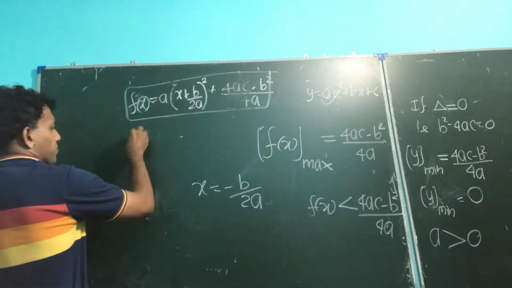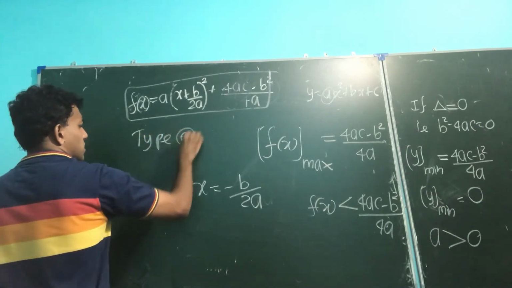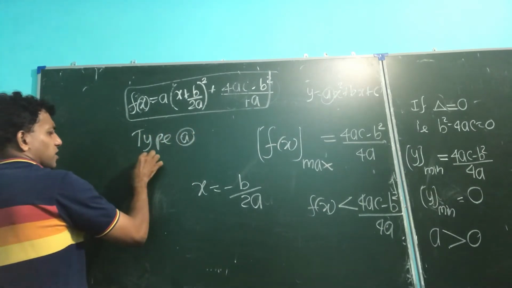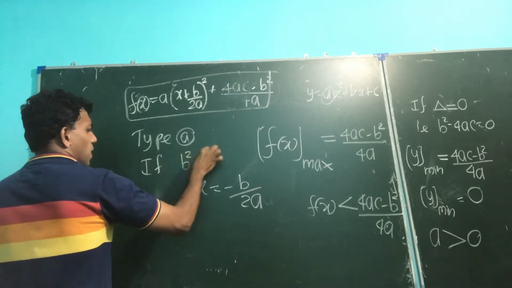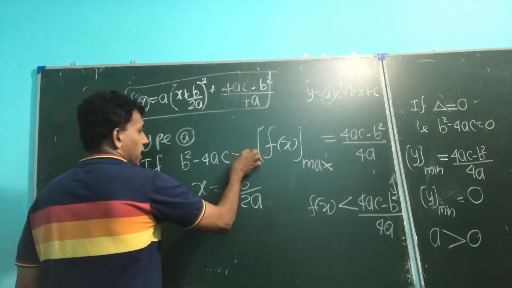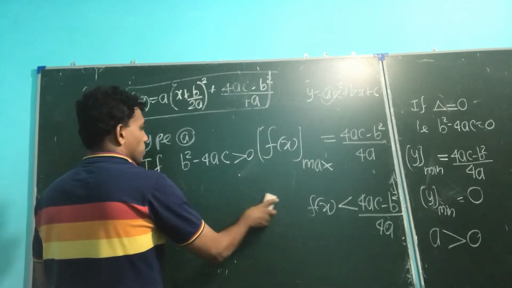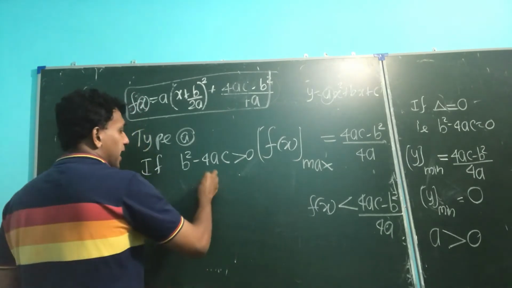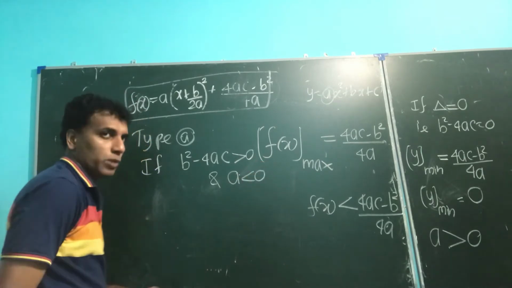Type A. If b squared minus 4ac is greater than 0 and a is less than 0, that is important.